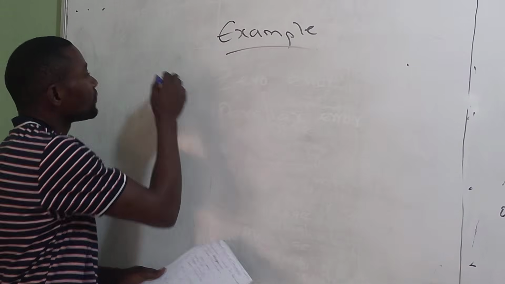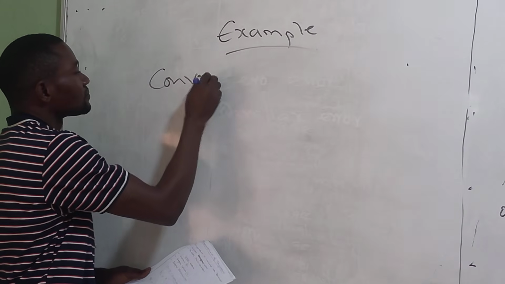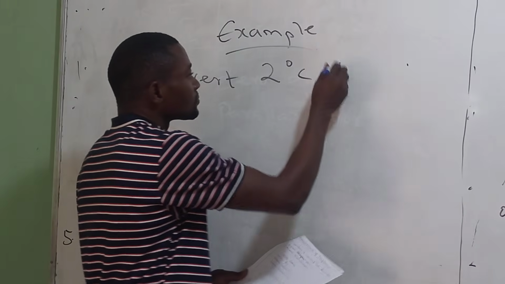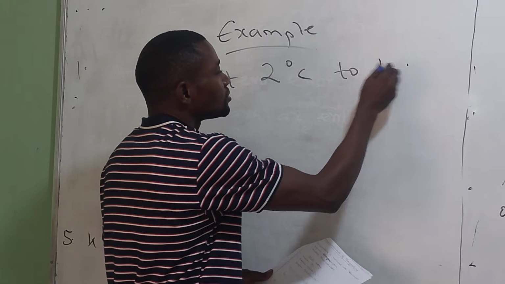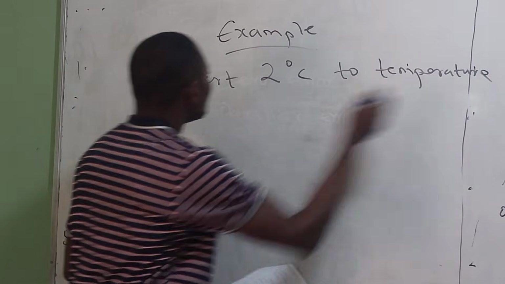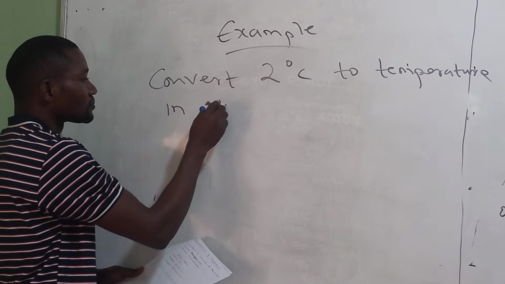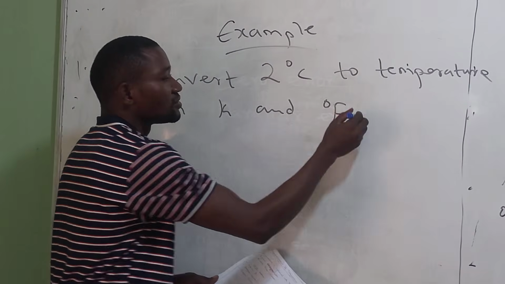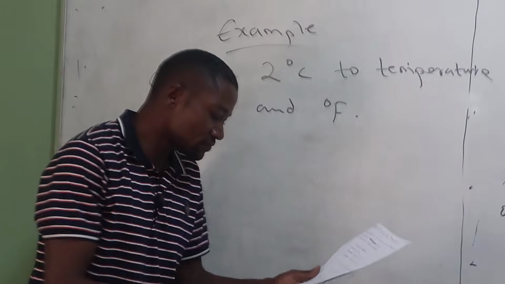Example, convert 2 degrees Celsius to temperature in Kelvin and degree Fahrenheit. This equation for us.